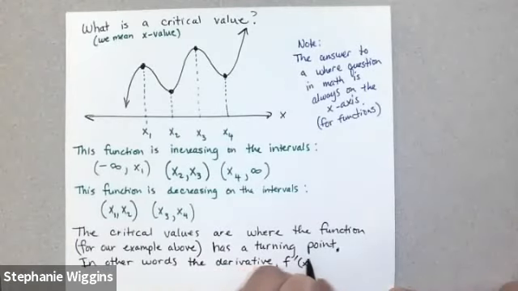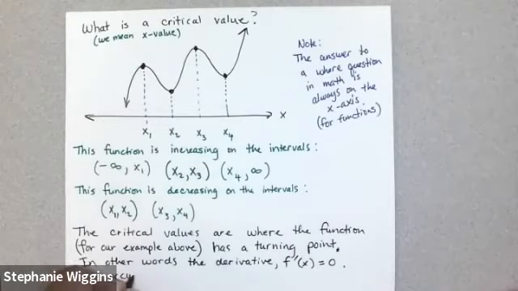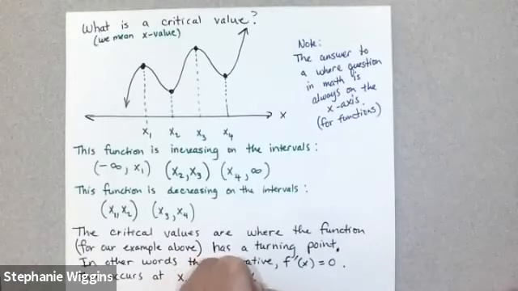F prime of x equals 0. This occurs at x1, x2, x3, and x4.